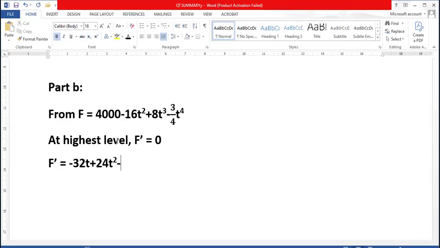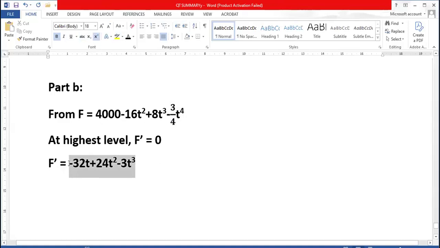Then minus, 4 times 3 divided by 4, that is 3, because this 4 will cancel with this. Then the new power will be t to the power 3. So that is your first derivative.